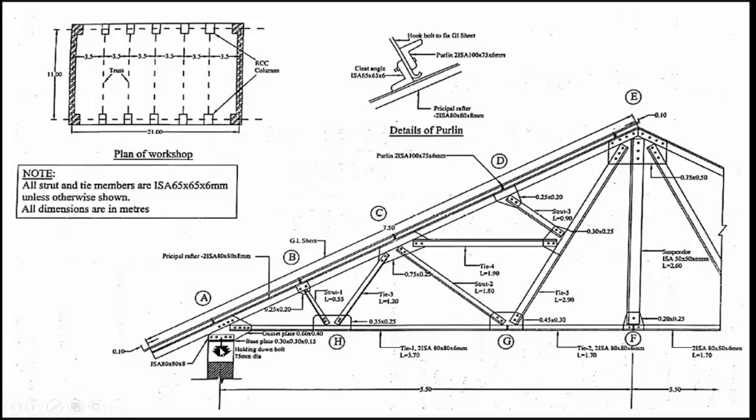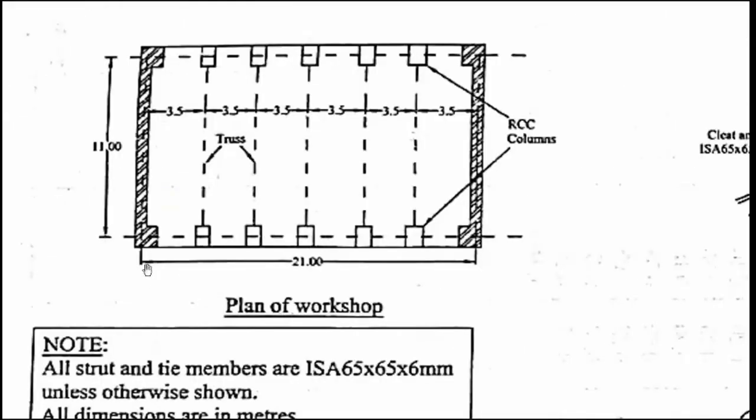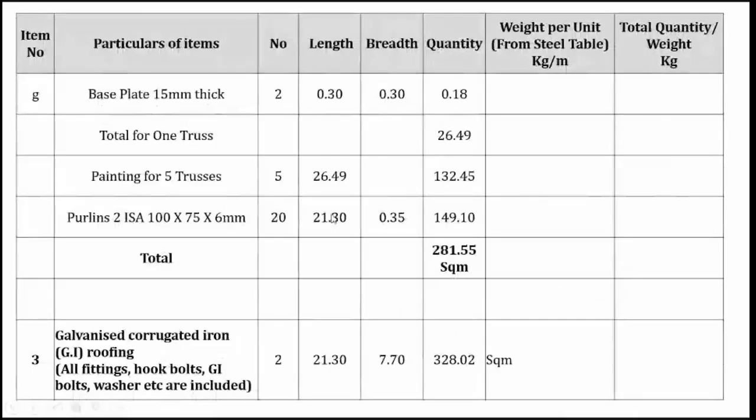Now what will be the length? The length will be known from the plan. From the plan, this length is 21 meters. You can take the offset of 0.15, so you'll get it as 21.3 meters. Then next, 21.3 meters. Next comes the breadth.